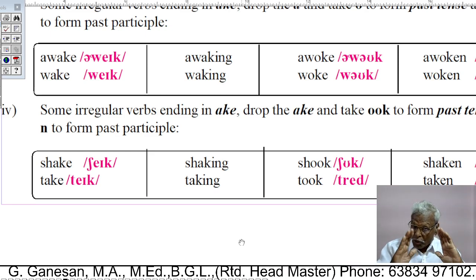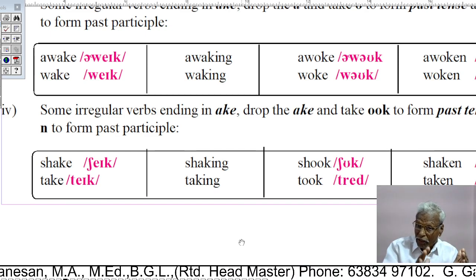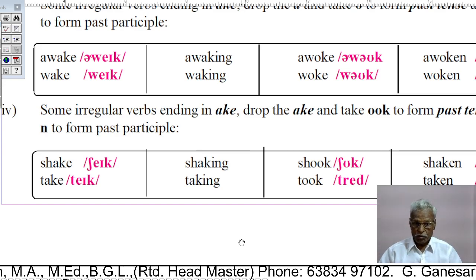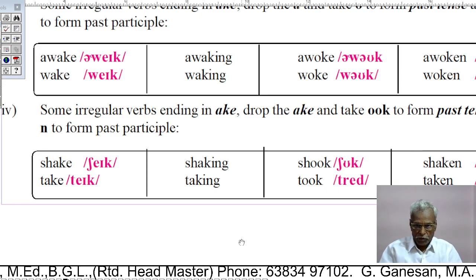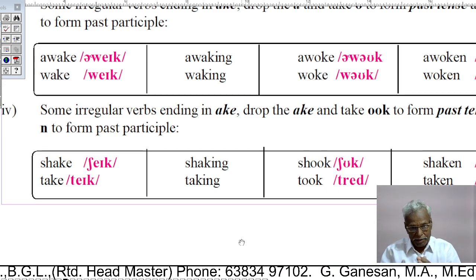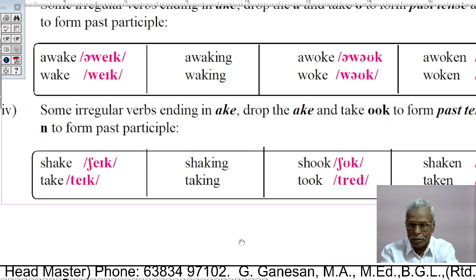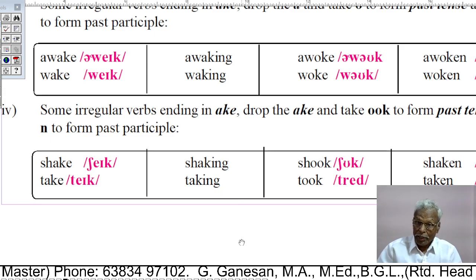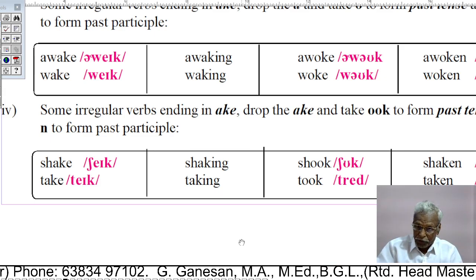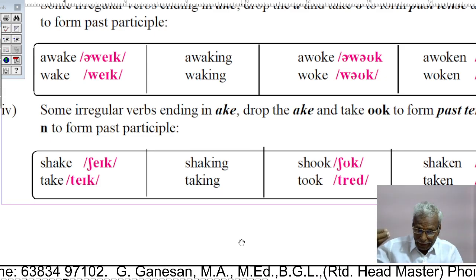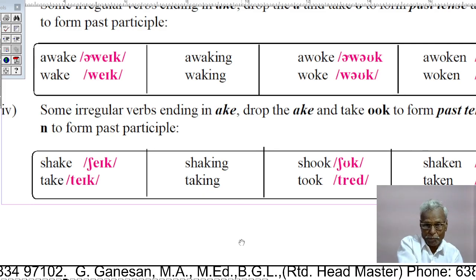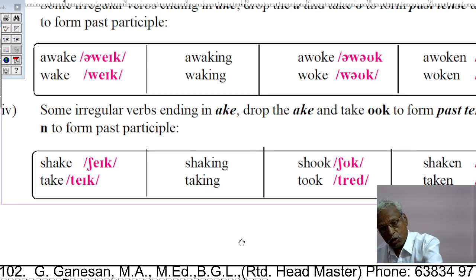That is, some irregular verbs ending in ake drop the ake and take ook to form the past tense, and add n with the present form to form the past participle.